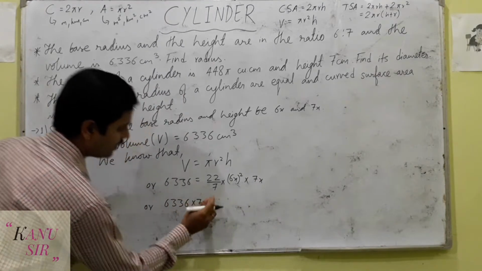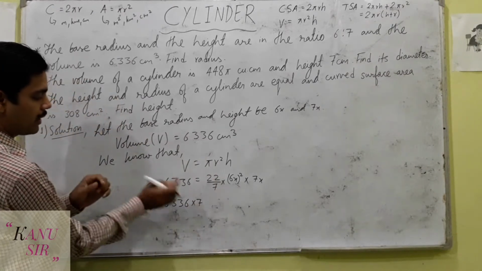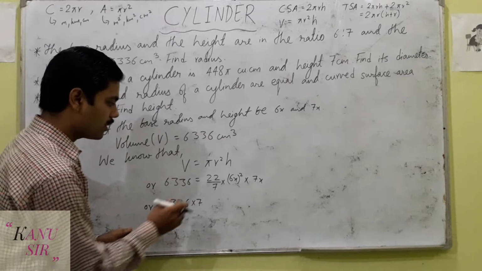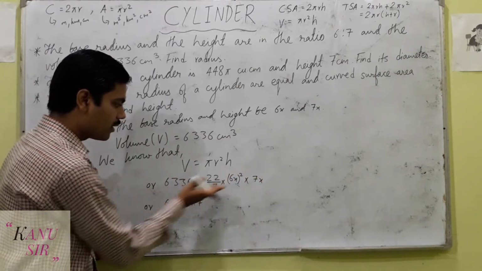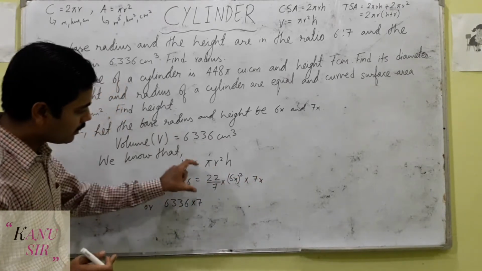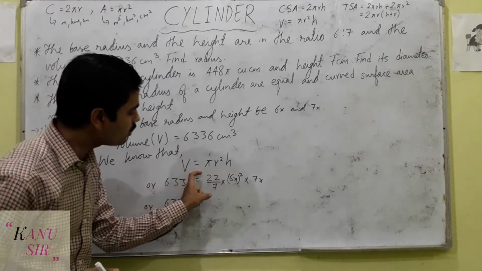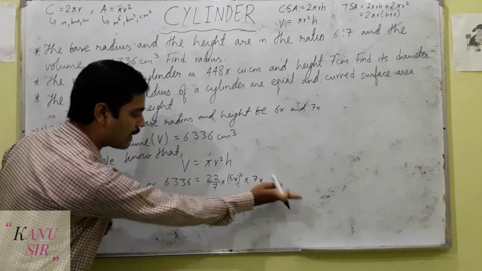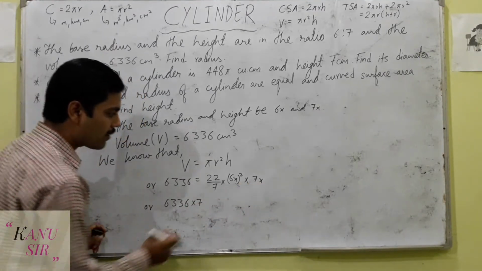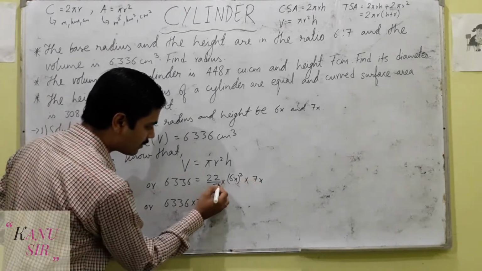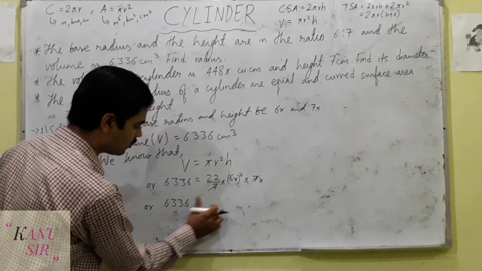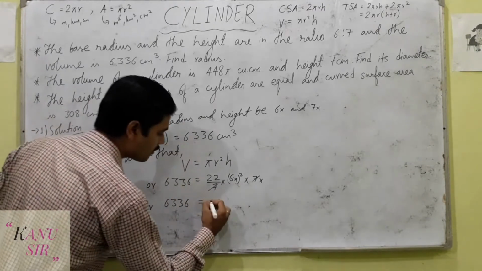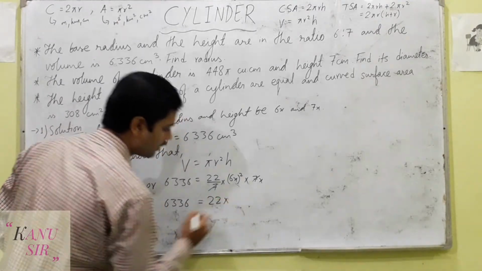So 6336 times 7, it is in divisible form. We can bring it here. Why are we doing so? To make a single line, because here it covers two lines in your page. You can put this 7 here to make a one line solution, but I find one more hint, that 7 can be divided there, so no need to get the trouble of passing 7 here, and still the solution becomes a one line solution.